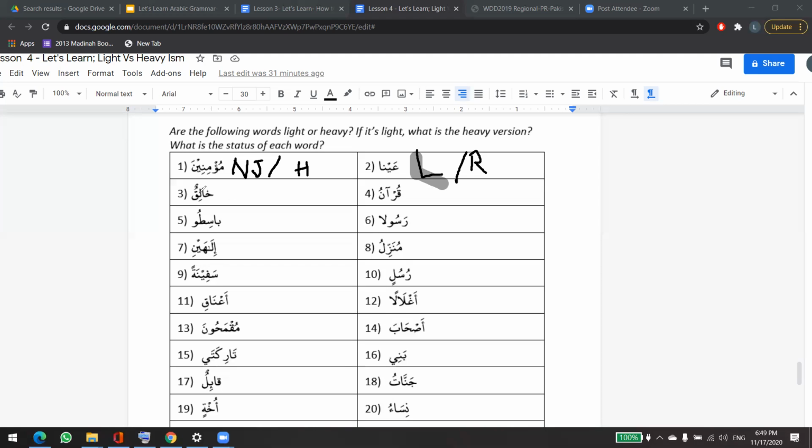It has tanween at the end. So this is heavy. And if it's heavy, you don't have to tell the lighter version. You just have to tell the heavy version if you find a light ism. So it's heavy. And what is the status? Khaliqun, with dhamma. So the status is rafa.